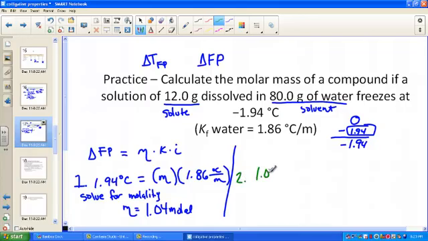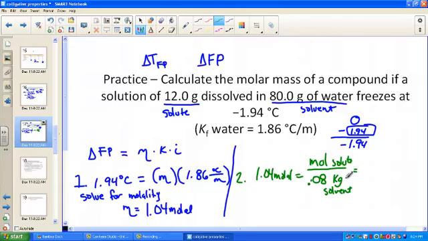Well, the molality tells us the number of moles of solute per kilogram of solvent. How many kilograms of solvent are there? Here's our solvent. I see that it's 80 grams, so in kilograms, it's 0.08 kilograms.